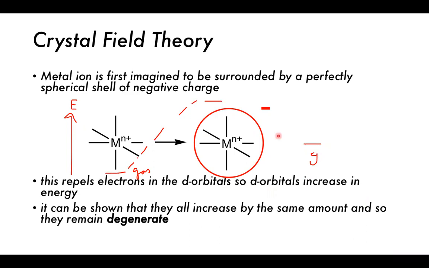They're still degenerate, though. The orbitals have all increased in their energy and are being destabilized by the presence of this sphere of negative charge, but they're all experiencing the same amount of negative charge, which means that they're all still degenerate. And it can be shown that they all increase by the same amount, and so they remain degenerate.